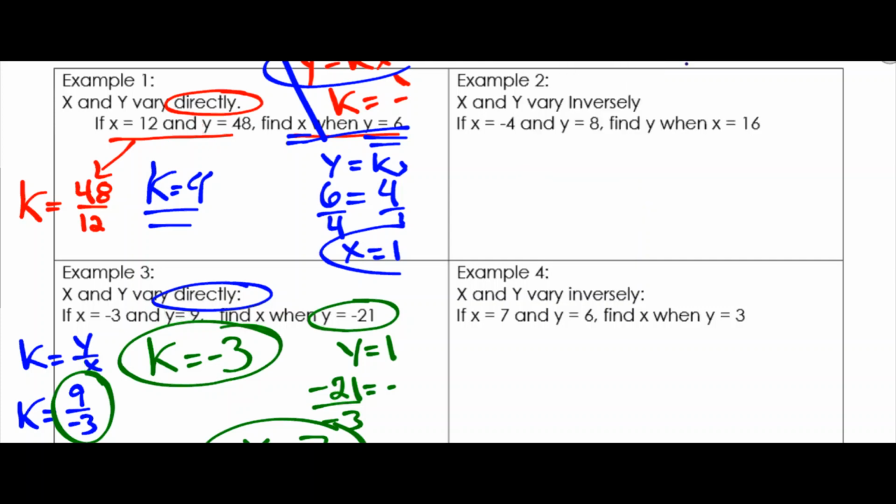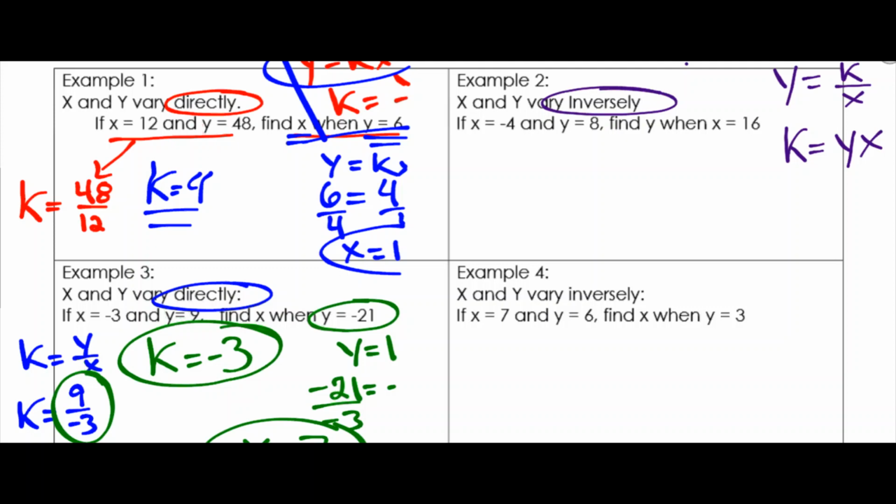Alright, now example 2 and 4, they vary inversely, which means these are the 2 tools that I can use. Oops, I'm going to write that same exact equation again. Those are my 2 tools. This one is actually way more intuitive to use the steps above. Actually, I'm just going to use that every time.